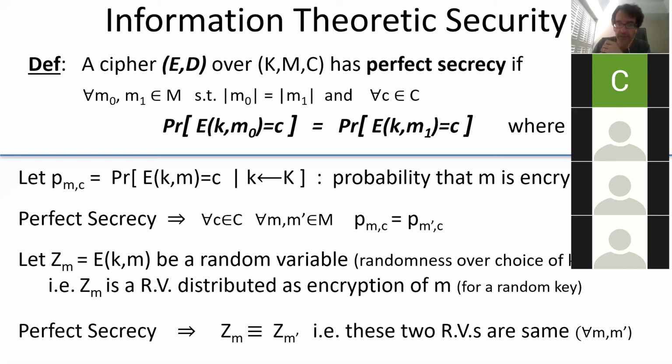What Shannon says is that for any message, this random variable is the same. So the ciphertext is really independent of the message. There is some universal ciphertext variable called Z, such that for every M, ZM, as a random variable, is equal to this variable Z. I'm saying the same thing, just using a slightly different squint.